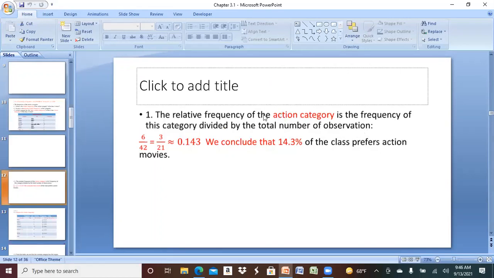So when you find the relative frequency, you divide the number of observations by the total number of observations. For example, you get 6 over 42, which is 0.143.